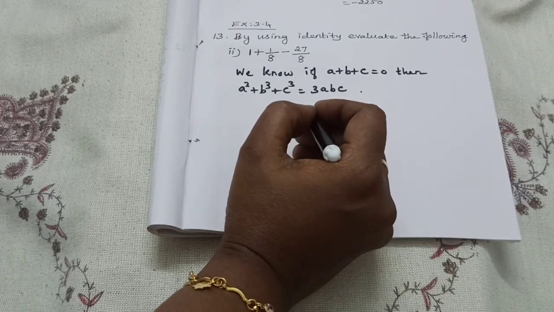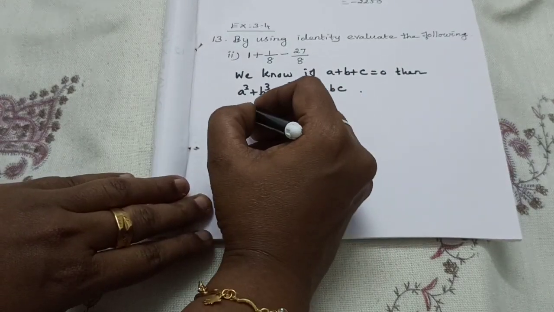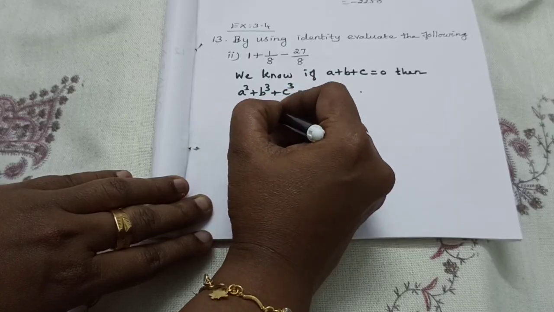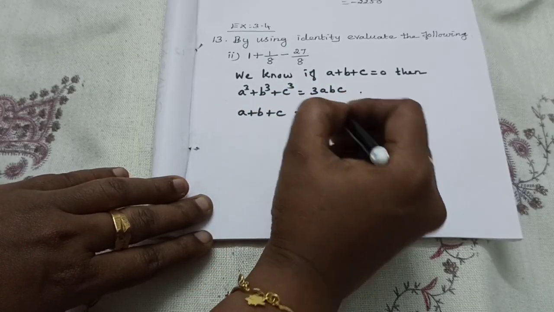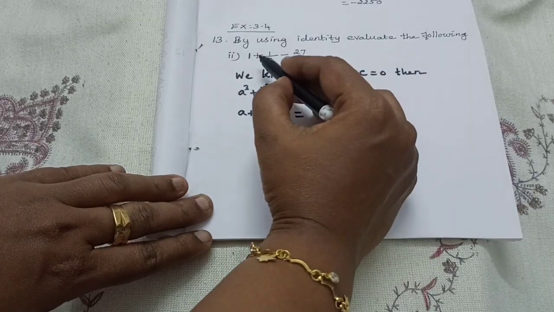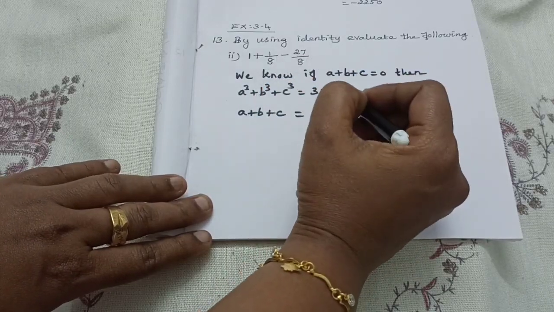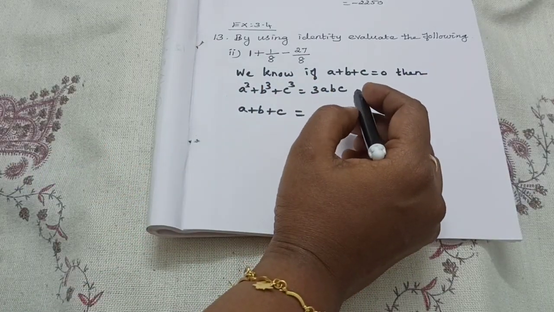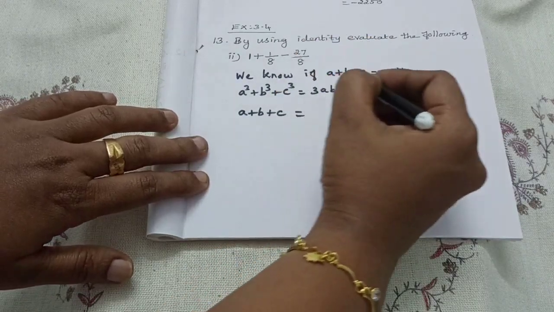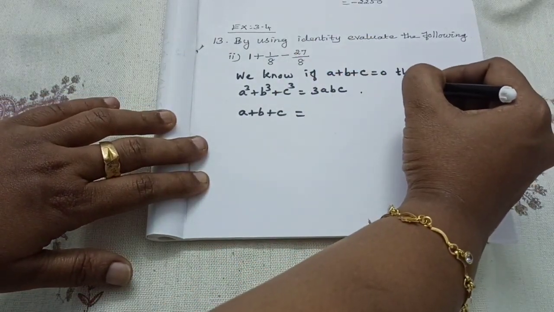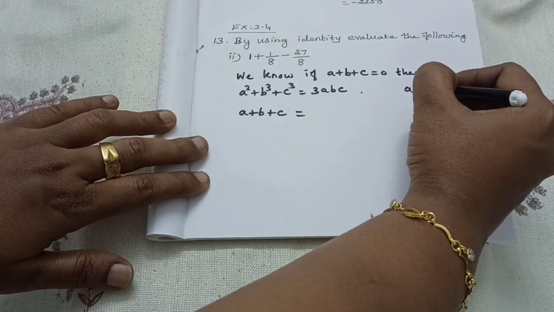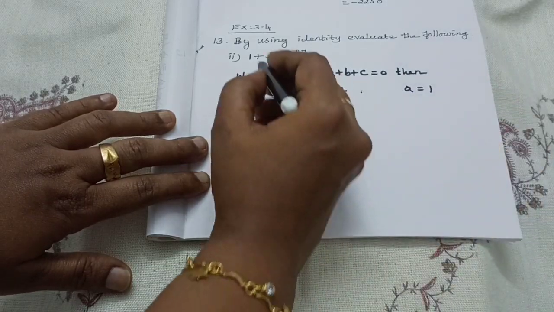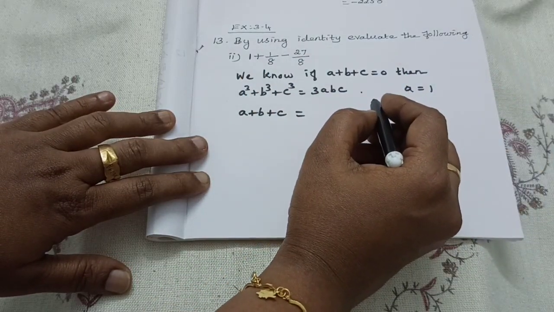Then a plus b plus c is equal to, before that we have to write what is given. Here a is equal to 1. Okay, b is what is given?